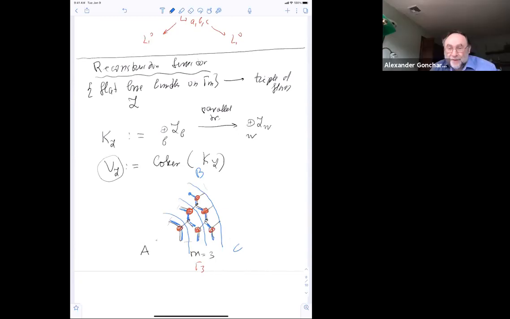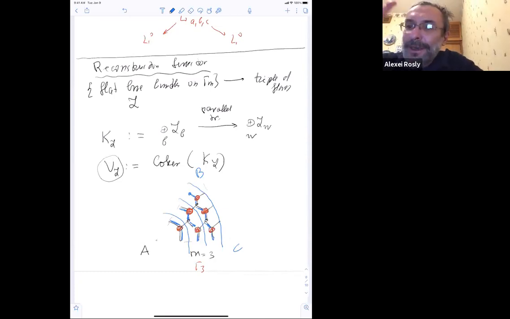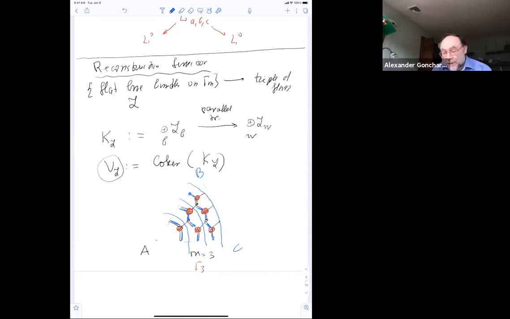Exactly. This is the main idea and the main message. Absolutely. The main point is that we have to change the way we think about cluster coordinates in the Poisson situation. There is no function, no coordinates, no Poisson brackets to consider because there are no functions, basically, if you think about it this way.